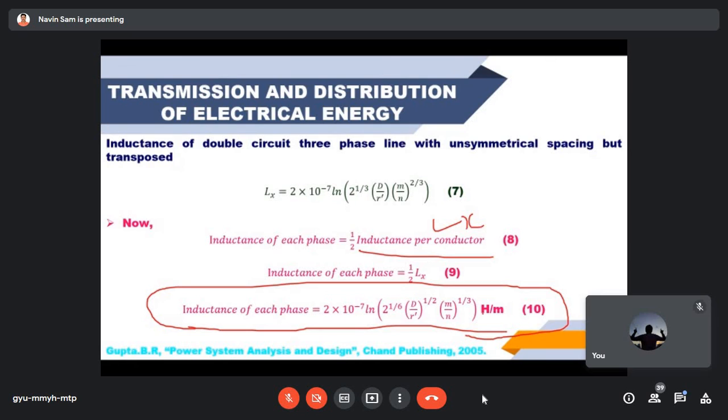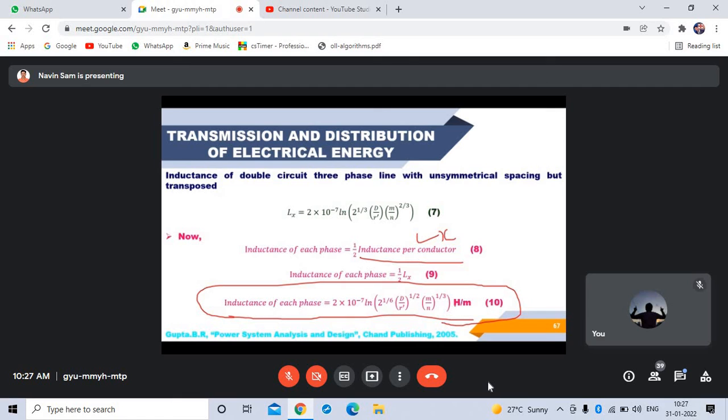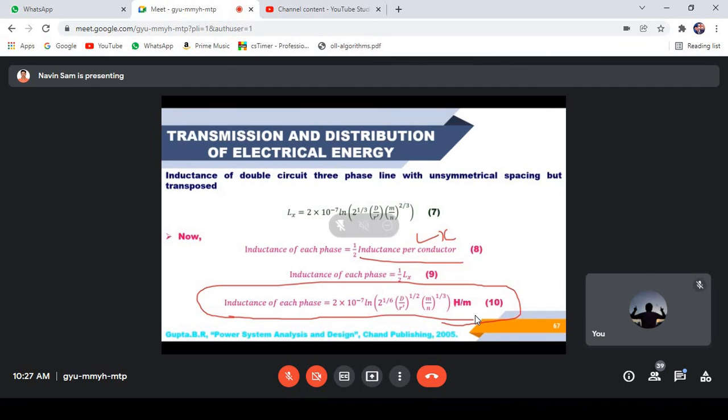These are some of the estimation procedures you have to know. In a similar fashion, we are going to move on to the next topic, capacitance estimation. One may think that a transmission line is just two conductors where the capacitance effect comes into the picture.